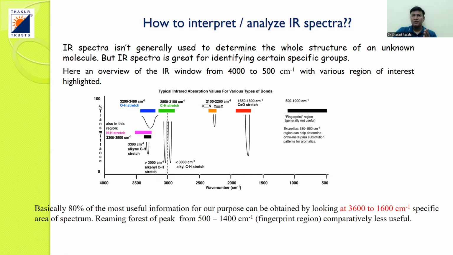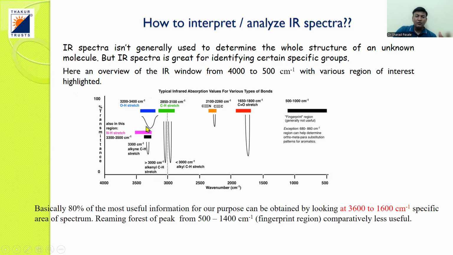If aromatic CH stretching is there, it is more than 3000, and aliphatic is slightly less than 3000. Okay, these are a few hints.